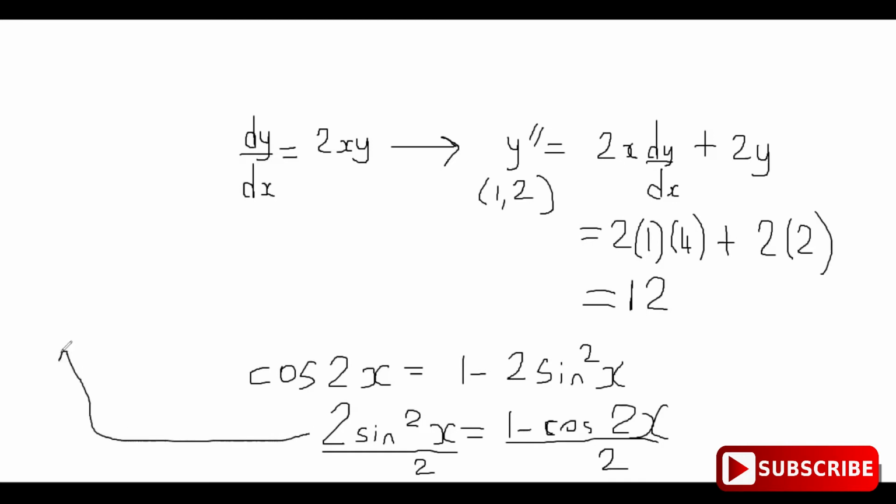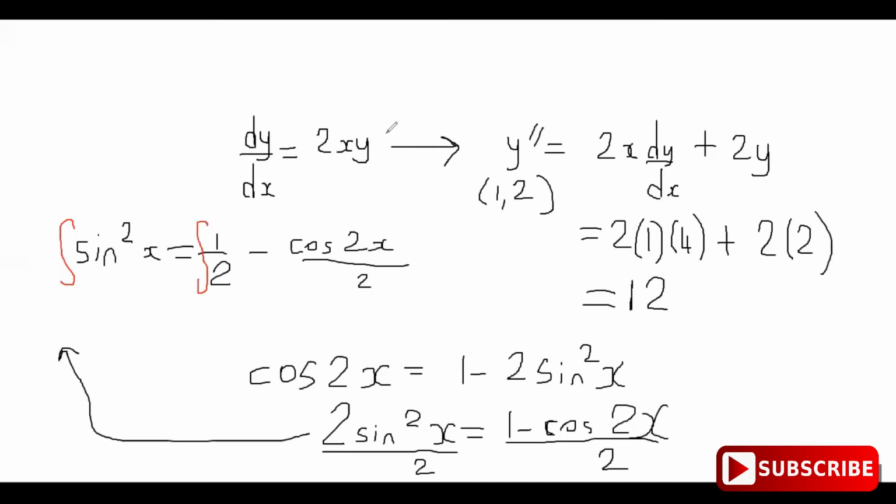So from right here, what we end up getting is that sine square x is really equal to 1 over 2 minus cosine 2x over 2. That's what we get. And so now, when we're integrating sine square, we're just going to integrate a half minus cosine 2x over 2.